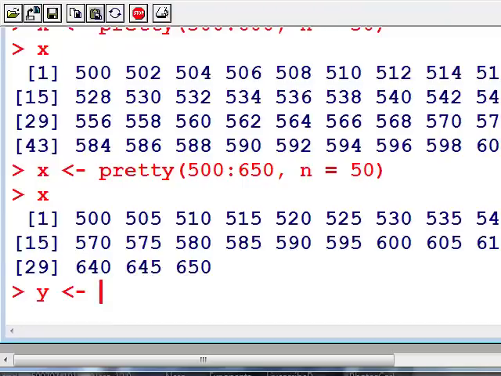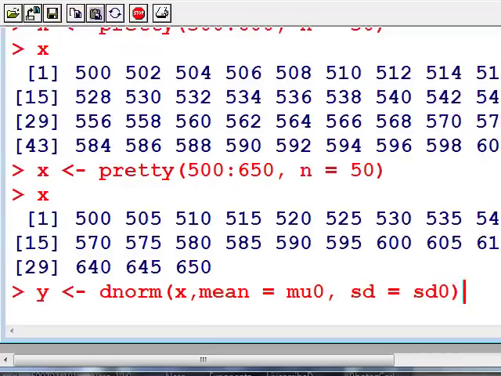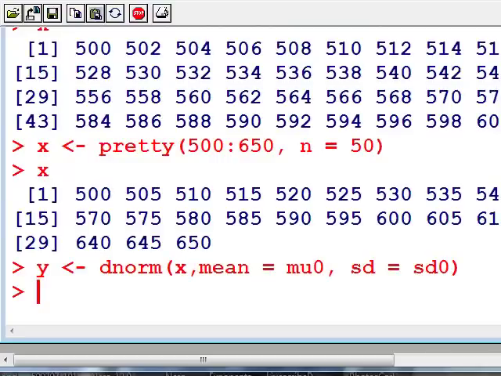So this is going to be distribution values from the normal curve associated with the X values we've given. This is again not normalized, so we have to specify the mean and the standard deviation, and now we have X and Y values. So when I go to plot, I plot X, Y, type equals, we want a solid line, so that's L. Remembering that's the letter L, not the number 1, although in different fonts it can look like the number 1.